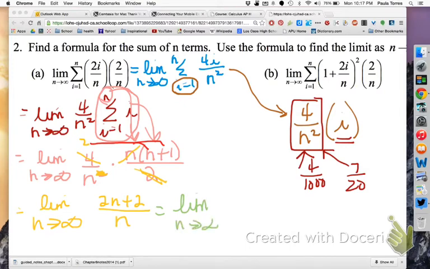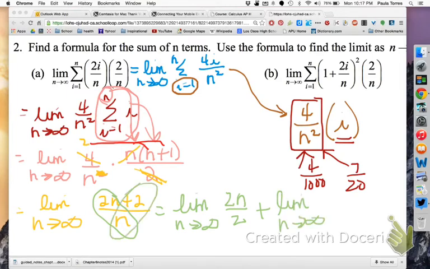And when I do, I'll have 2 pieces. So the first piece will be the 2n over n, that'll be the front part, plus the second piece will be the 2 over n.